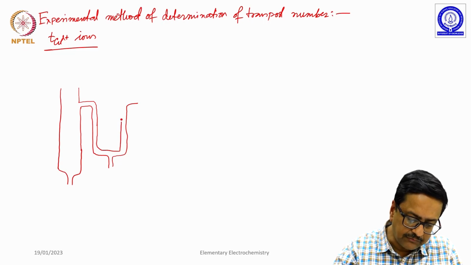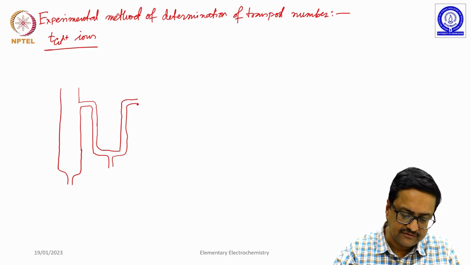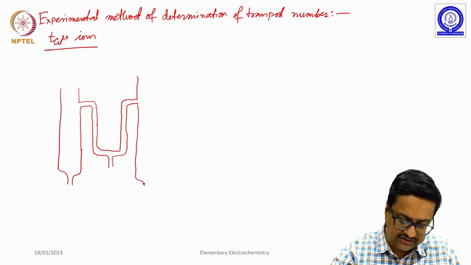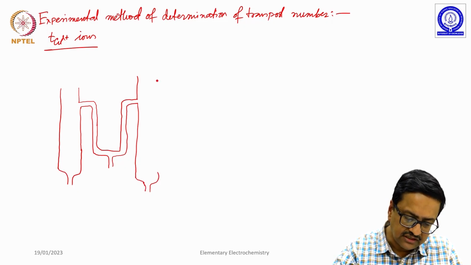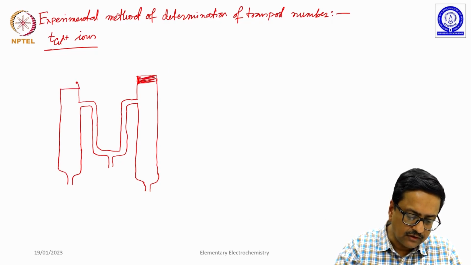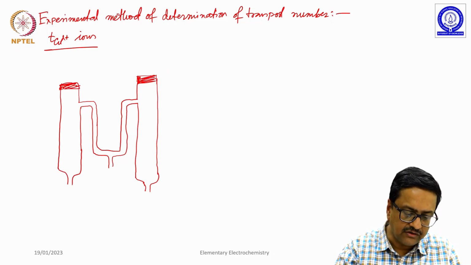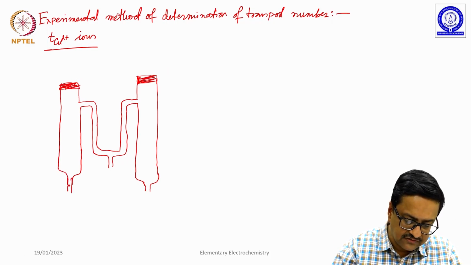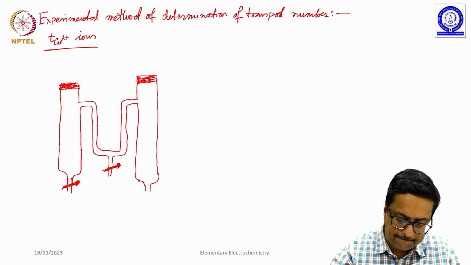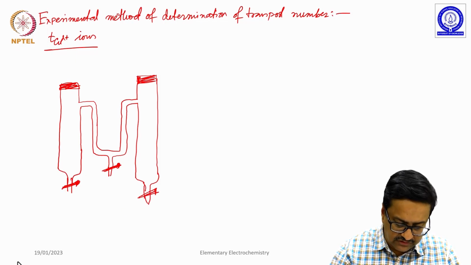Two tubes are connected by a central joint like this, and each tube has an opening at the bottom through which the solution can be taken out without disturbing the entire solution after the experiment is over, and the concentration of the contents can be measured. So, you have a stopcock at each of these ends, to drain out solution.